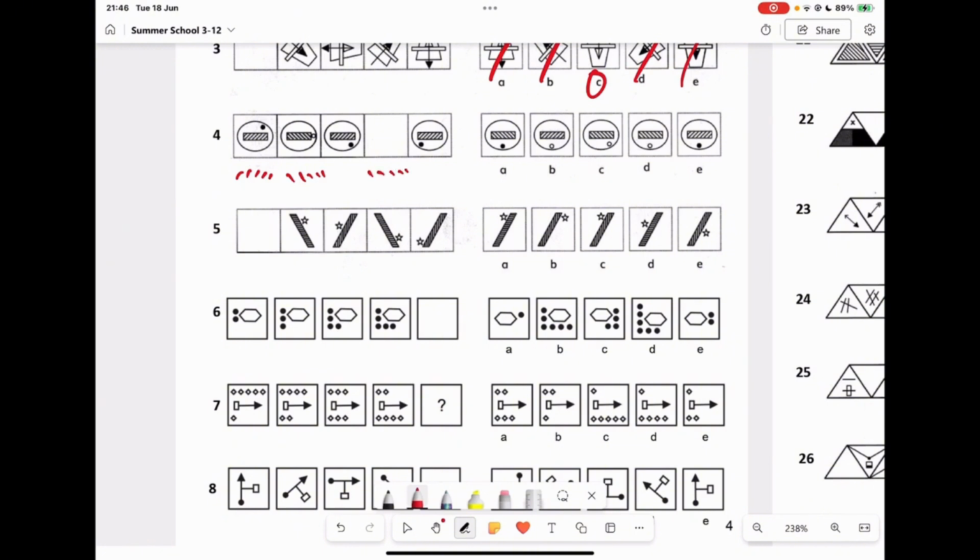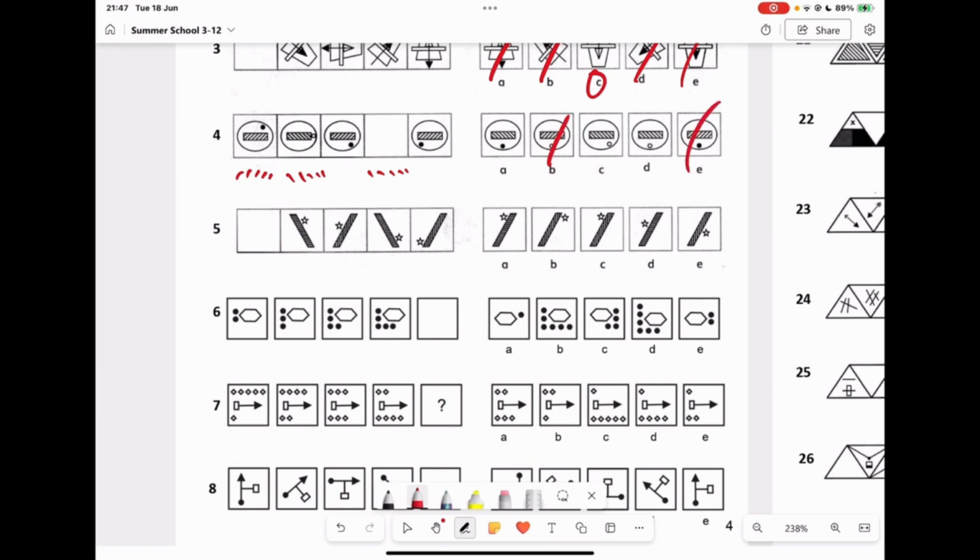So given that, we know that the answer will not be B or E. Okay.